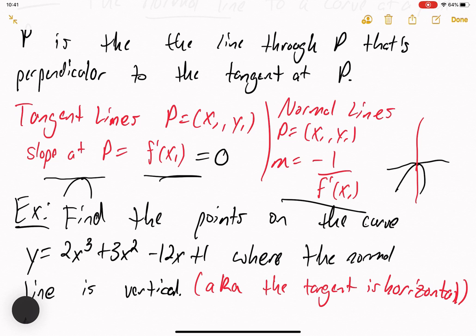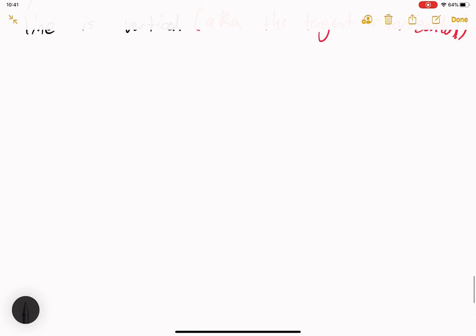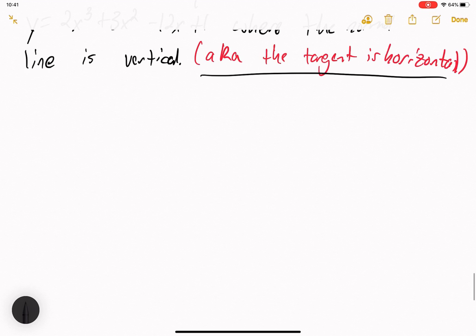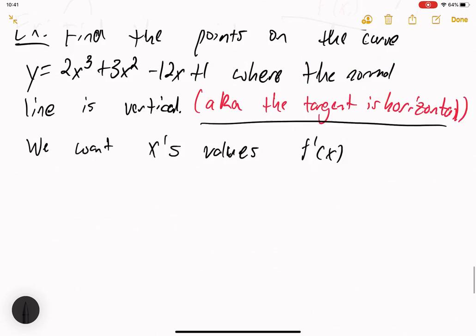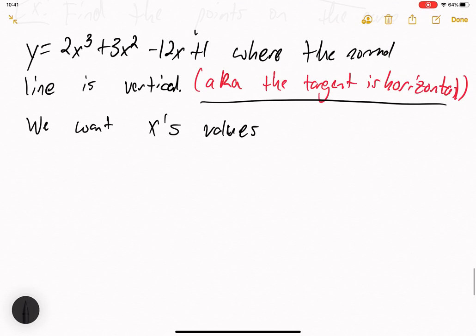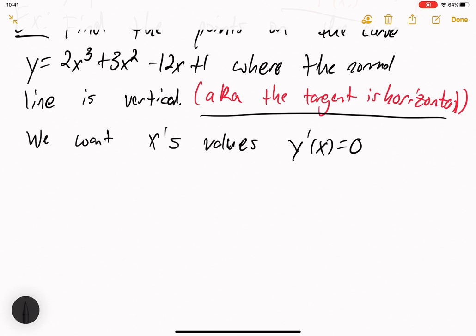So because we're working with a case where the tangent is horizontal, we want our x values such that our derivative, y prime of x, is equal to 0. That's another way of saying, if you have a horizontal tangent, that means the derivative is equal to 0 at that point.